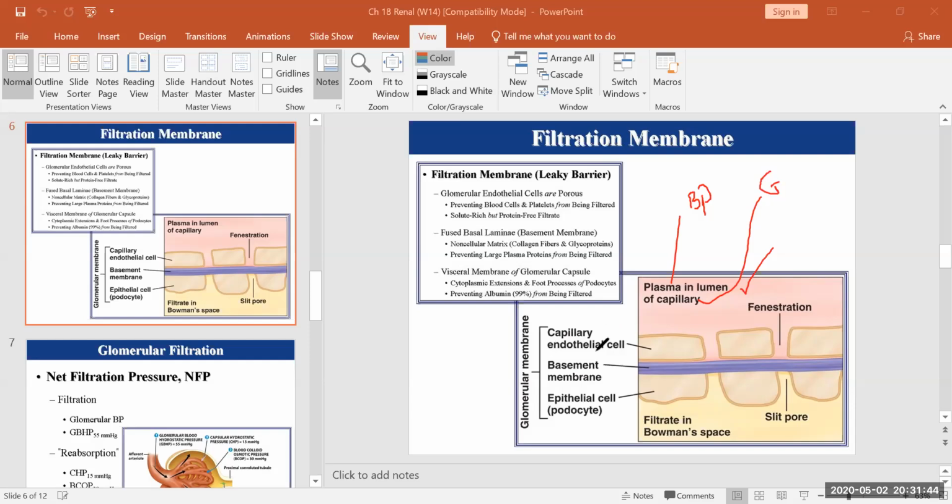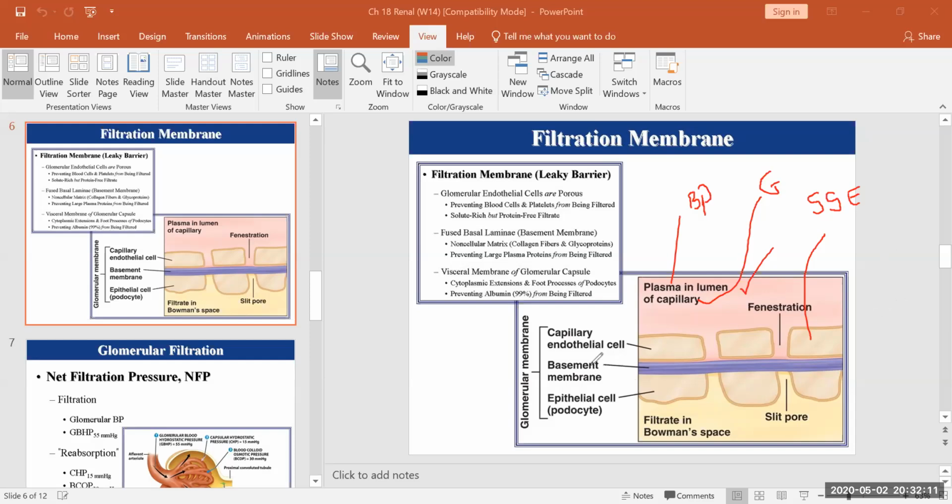So the capillary endothelial cells, these are simple squamous epithelium or simple squamous epithelial cells. Okay. So they are disc-shaped, very flat cells. They are used when the body needs to build a thin membrane.